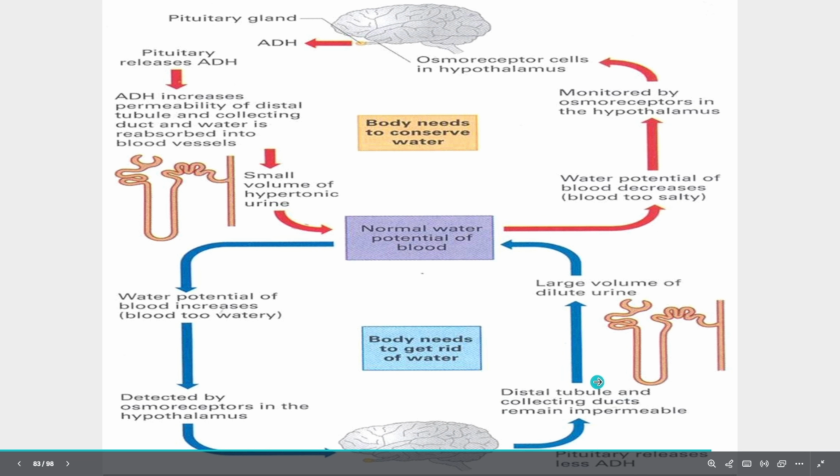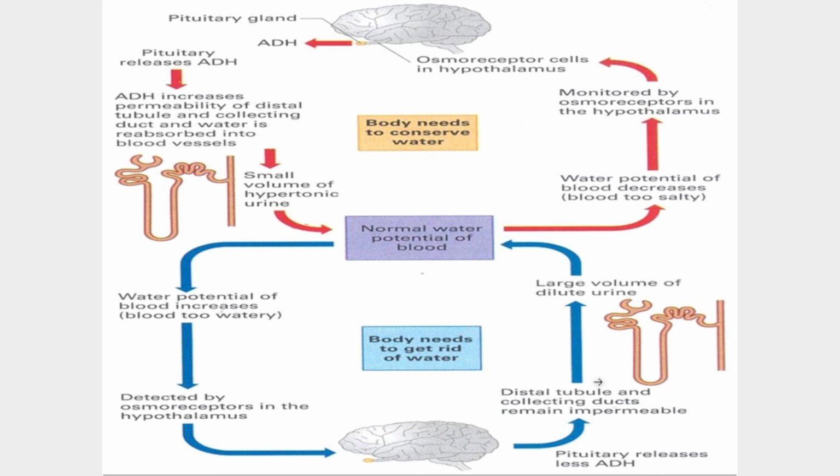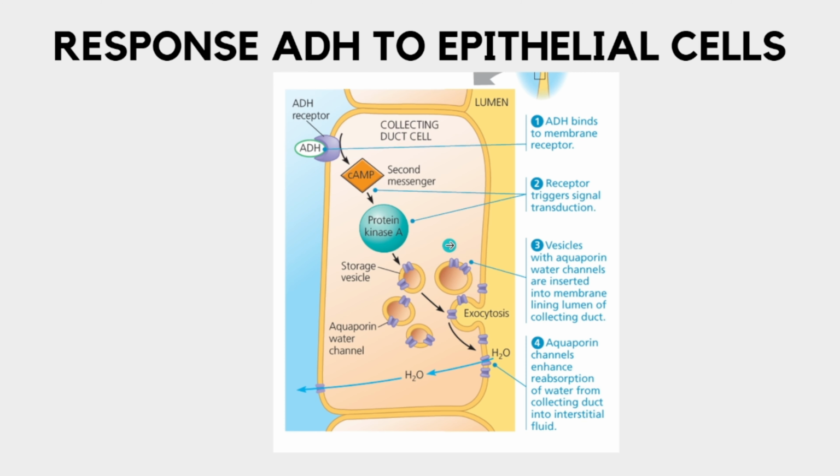It will inhibit the release of ADH, or less ADH is released, so your collecting duct and distal tubule will not be highly permeable to water. Water reabsorption in the distal tubule and collecting duct decreases and then it returns to the set point.